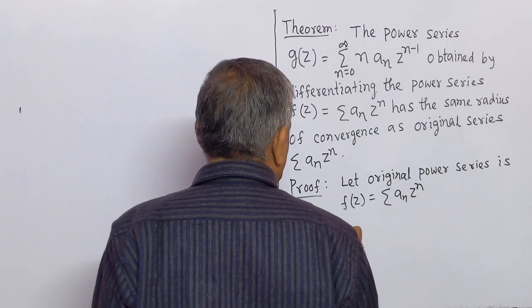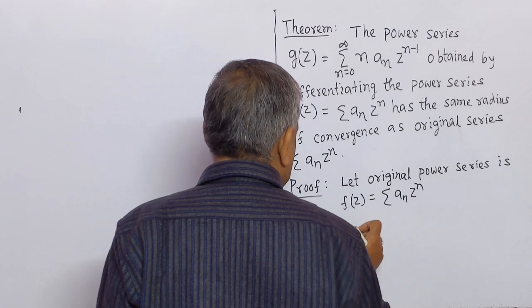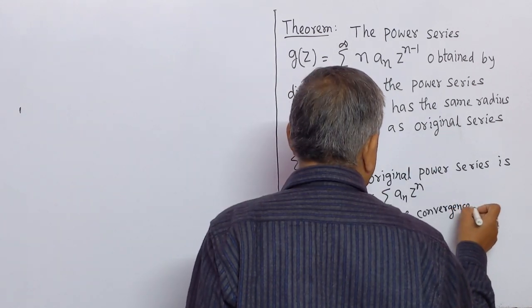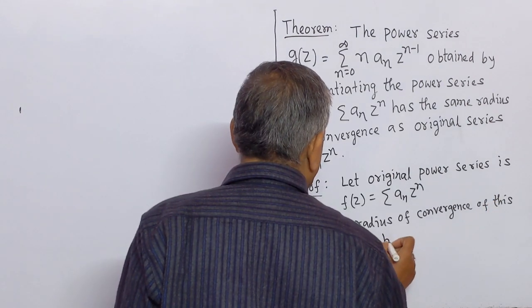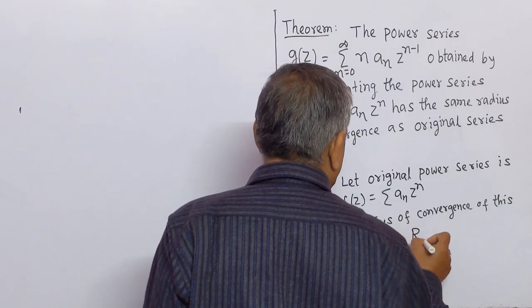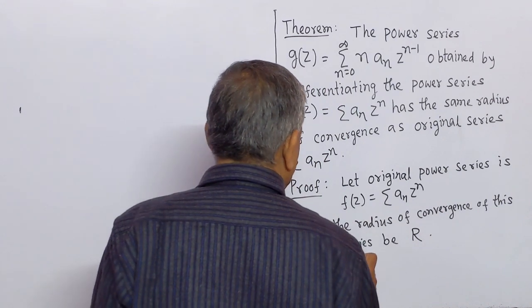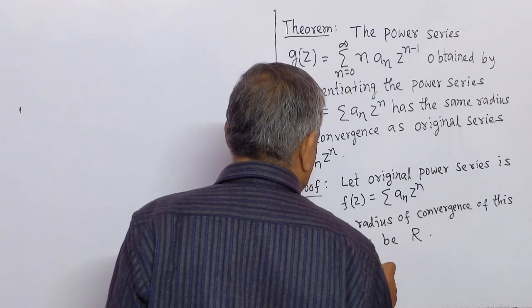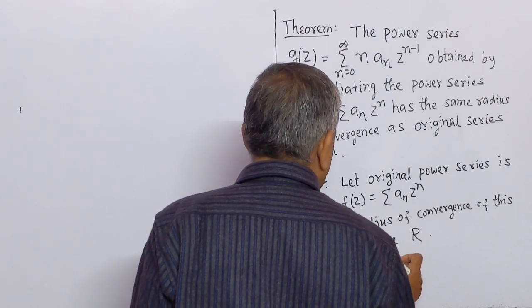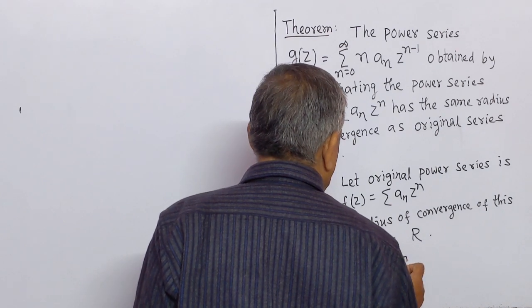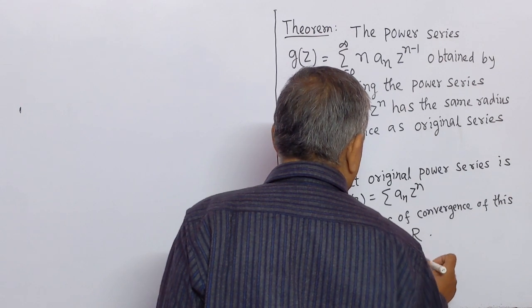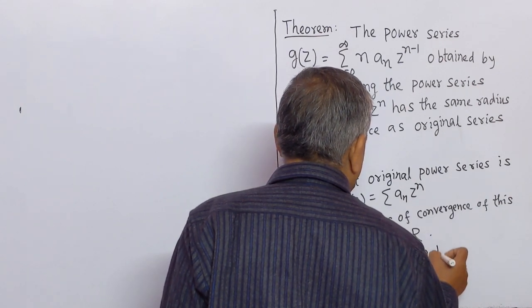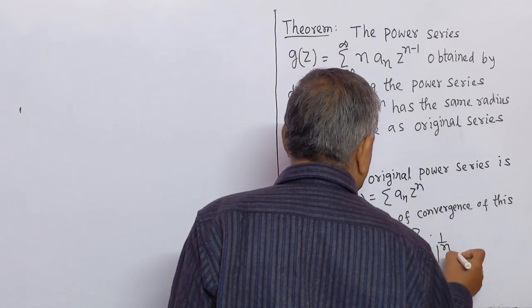Let the radius of convergence of this power series be r. Therefore, 1/r = limit n tends to infinity |a_n|^(1/n).